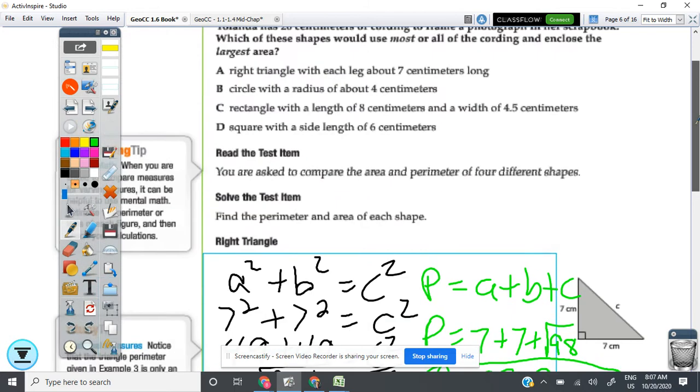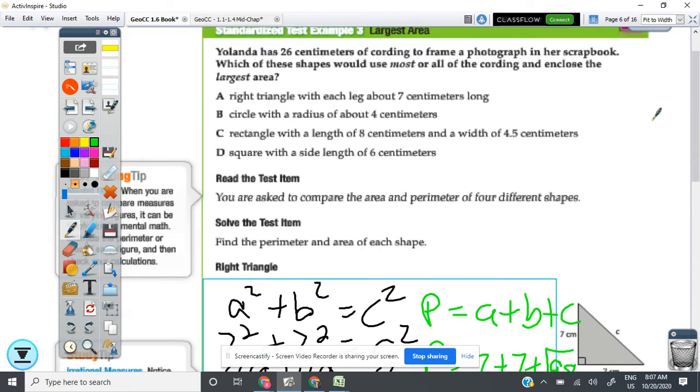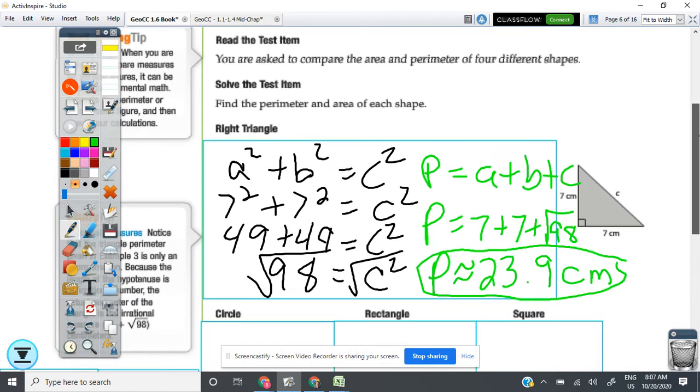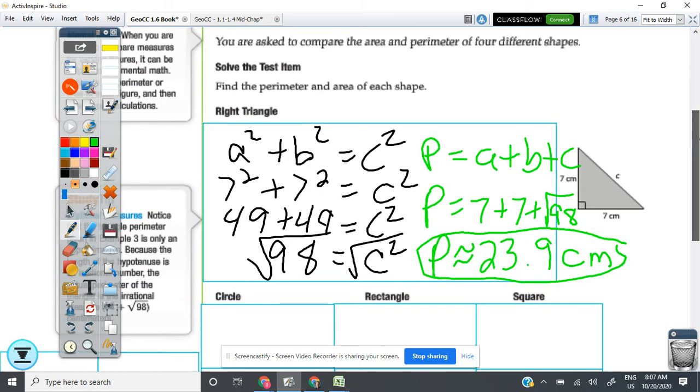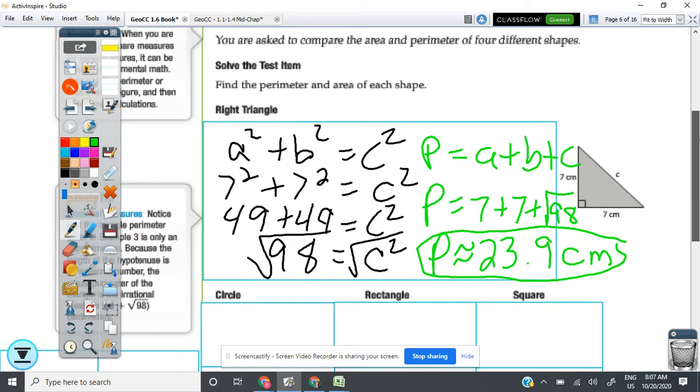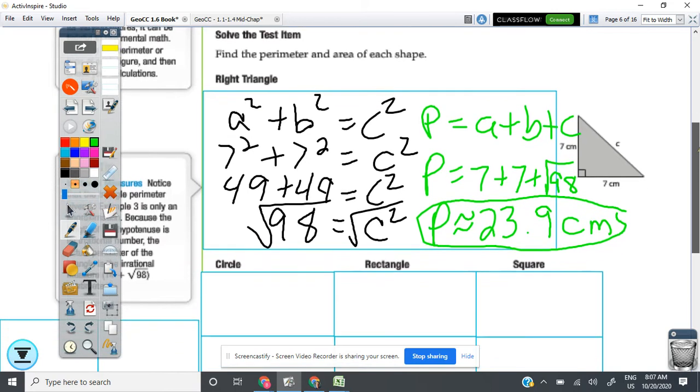Okay, so that takes almost all of it, 26. We're using 24.9 just to find the perimeter of the right triangle. The circle is easy. I'm not going to write it out.